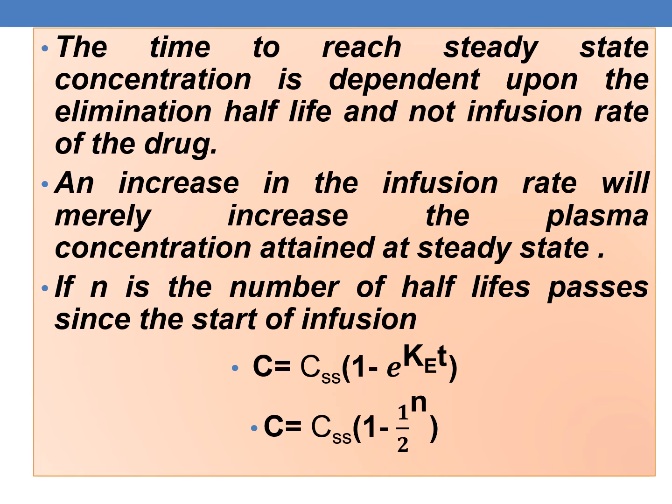So, if n is the number of half-lives passed since the start of infusion, we know that C is equal to CSS into 1 minus e to the power of minus Ket. We get C is equal to CSS into 1 minus half to the power of n, where n is the number of half-lives.